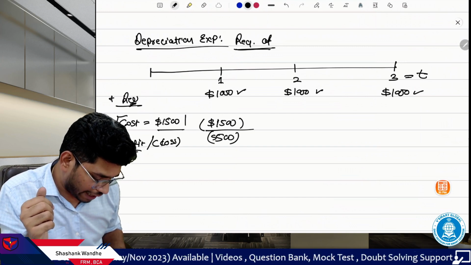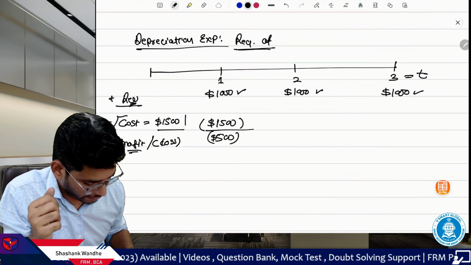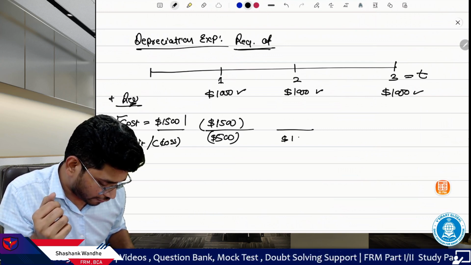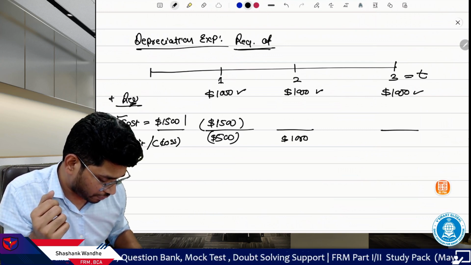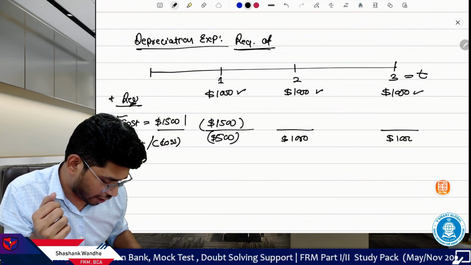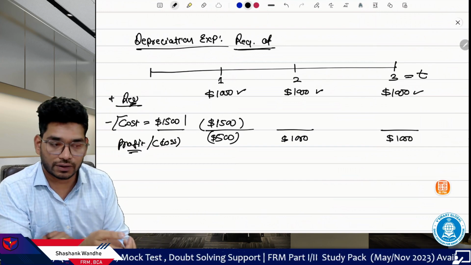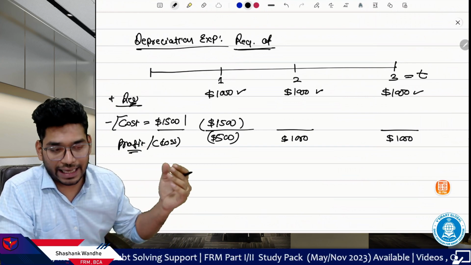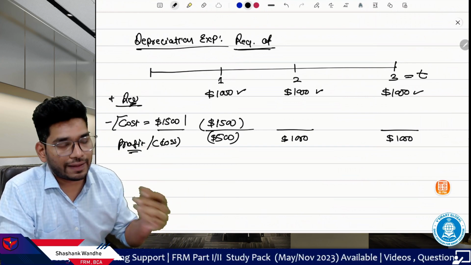In the first year, I will generate a loss of $500. At the end of the second year, I will generate a profit of $1,000, and at the end of the third year, again a profit of $1,000.